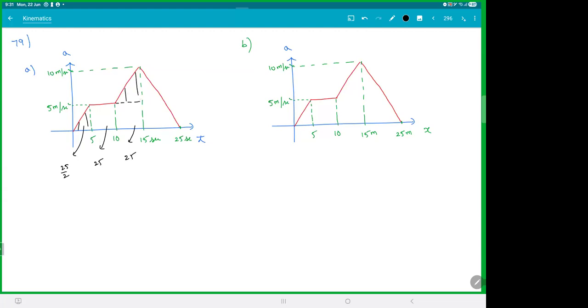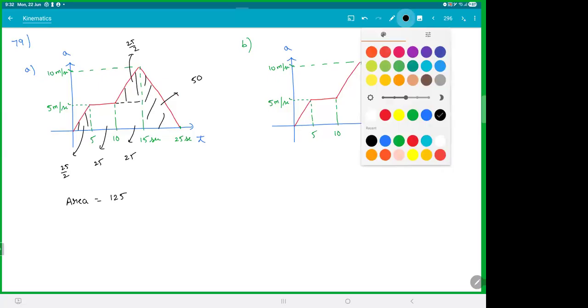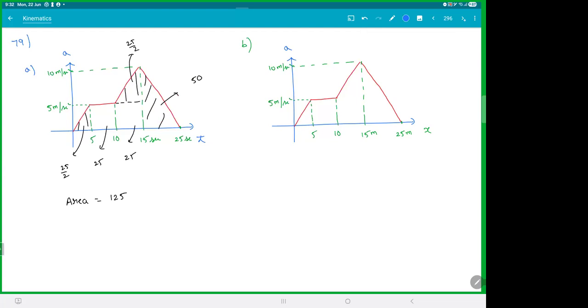That's one small triangle there, whose height is 5, again 25 by 2. And this one big thing is a big triangle, half into base 10 into 10, that's 50. So area will be 25, 25, that's another 25, that's 125. Is the area right? Or did I go wrong somewhere?